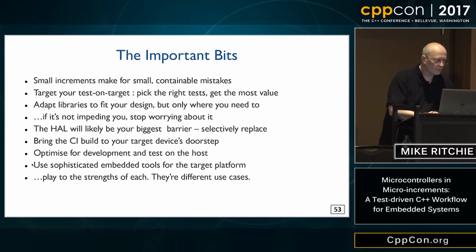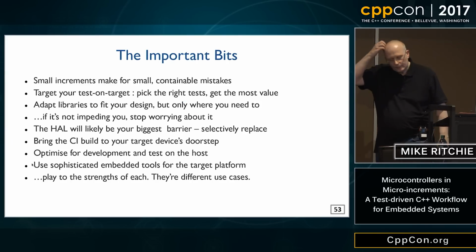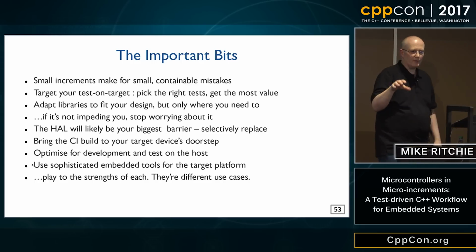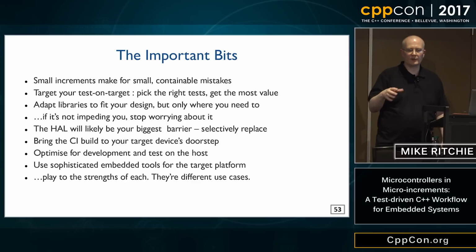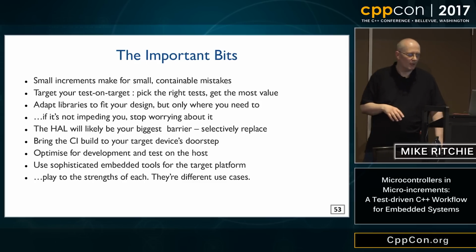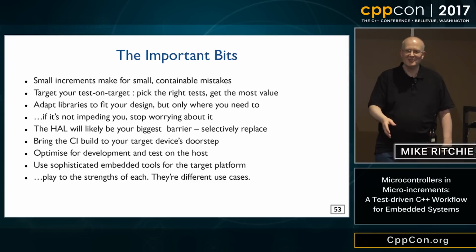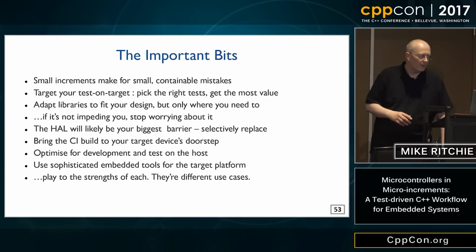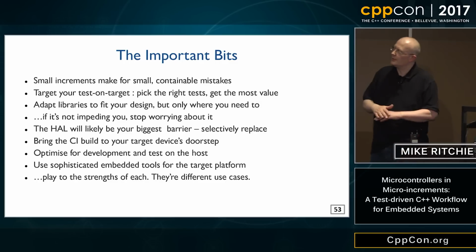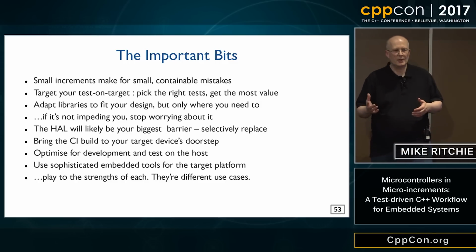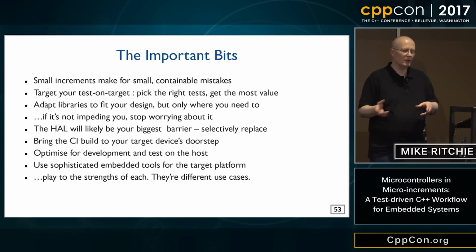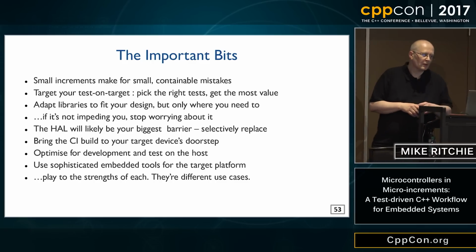Okay. So the points I would make is that small increments make for very small mistakes. They make for containable mistakes, like that one there, for example. I'm only a few moves further than the last commit. Be careful about targeting your test on target. It can be a massive investment of time and effort. So pick the right tests, pick the ones that give you the most value.